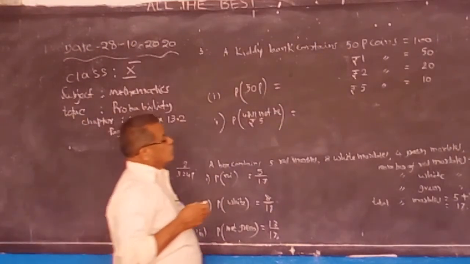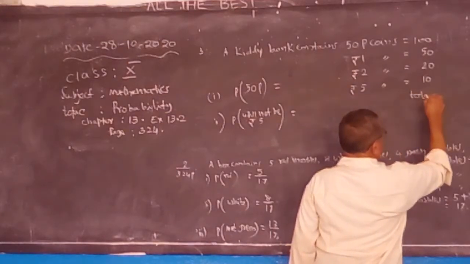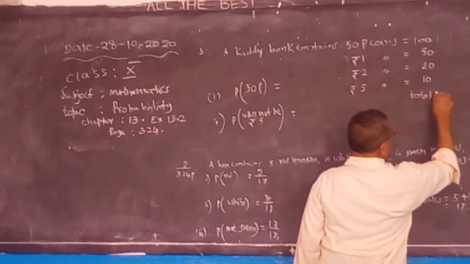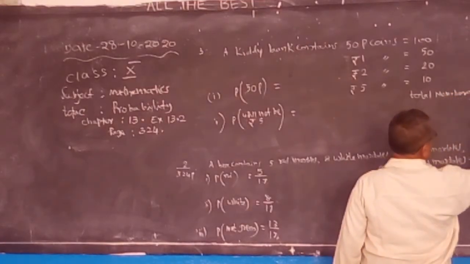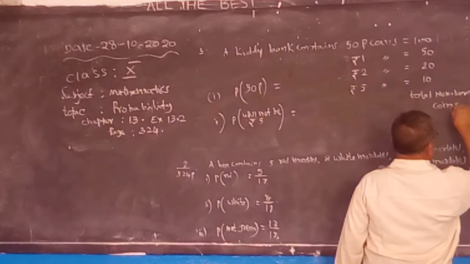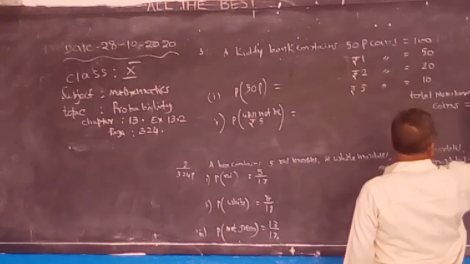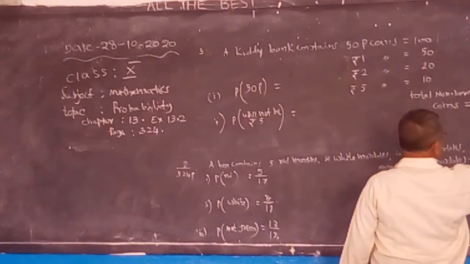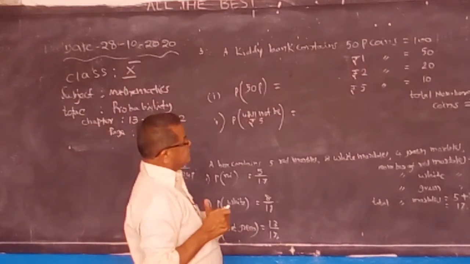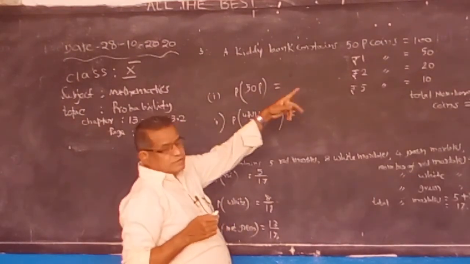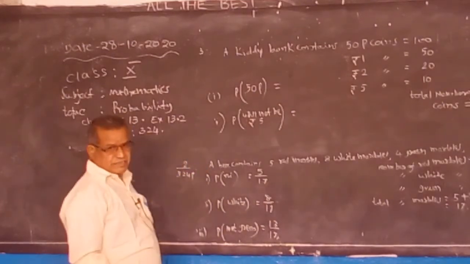See, total number of coins is equal to 150 plus 20 plus 10, 180. According to the question, sometimes you will change the figures.